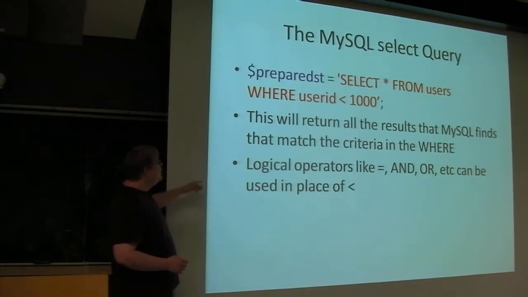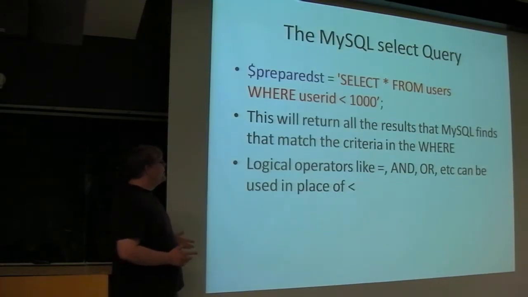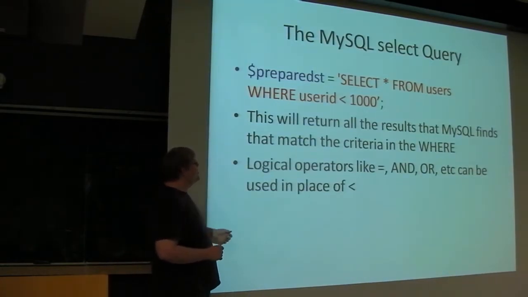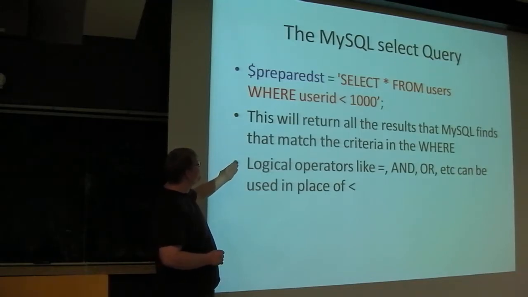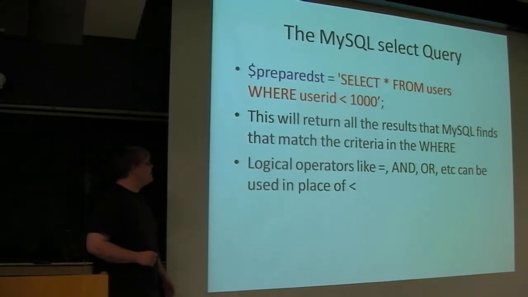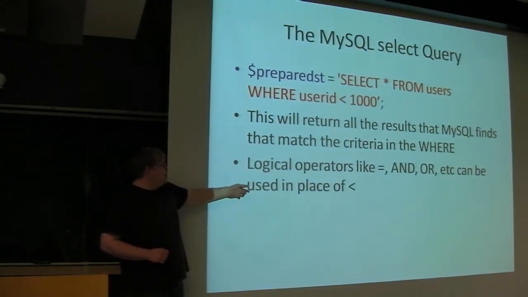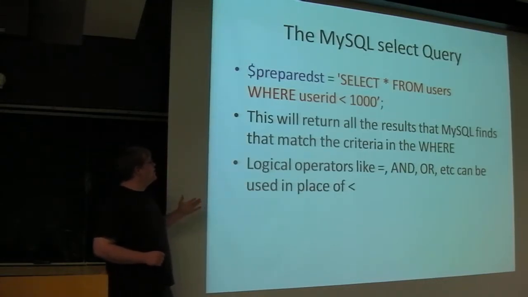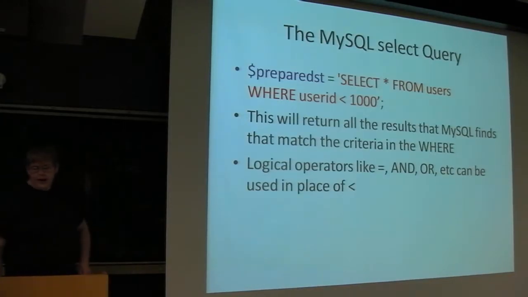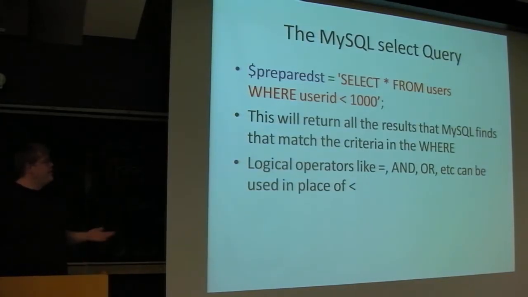But select star is a wildcard character, which I'll get to in a few moments. But we can select something from users where the user ID is less than 1,000 in this example. Our logical operators can be used in place of that less than for a typical MySQL query. And not really much to do, it just pulls data from the database.